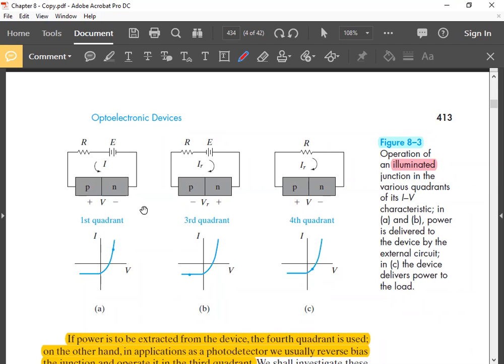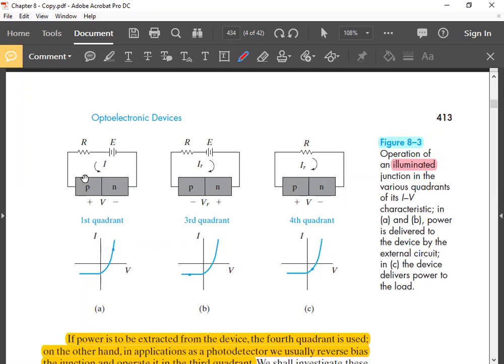This is the forward polarity of the forward voltage. So current is entering the positive terminal and leaving the negative terminal, and this point will be on the first quadrant portion of the IV characteristic.